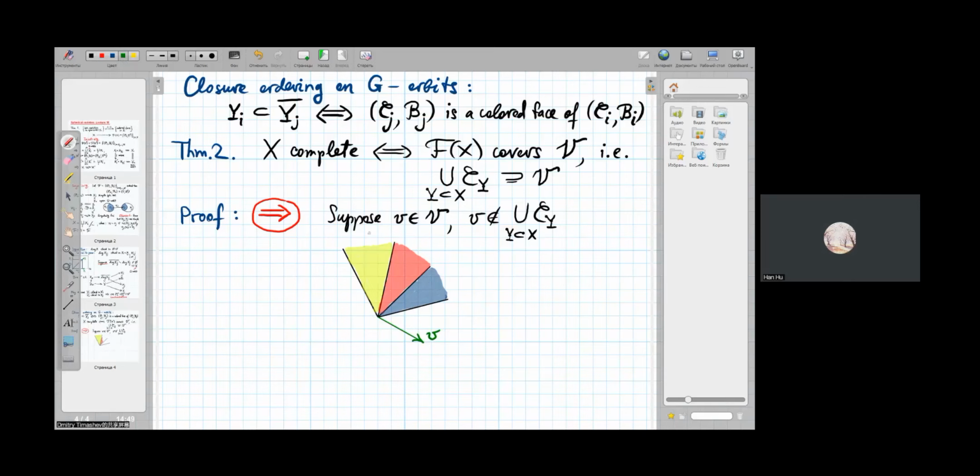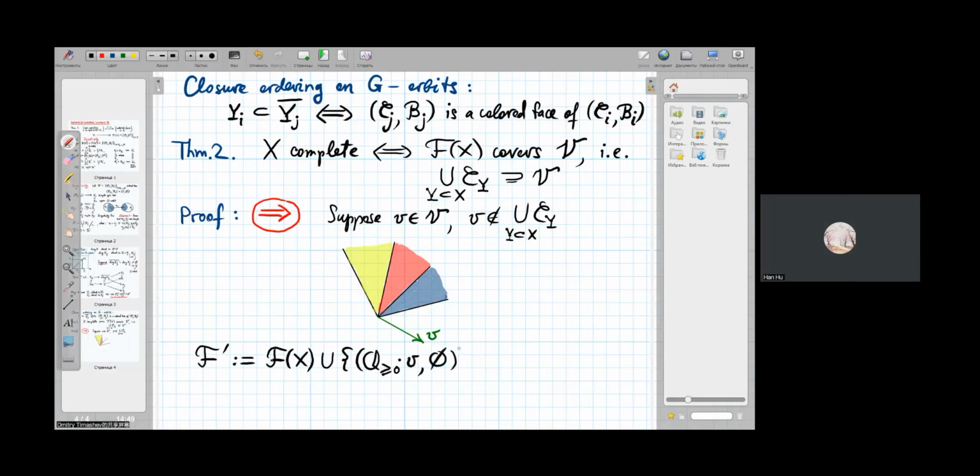Then I can increase my fan. I can consider a bigger fan. Let me denote by F prime a fan which is obtained from the fan of X by adding a single colored cone, which is just a ray generated by this vector V, with empty set of colors.